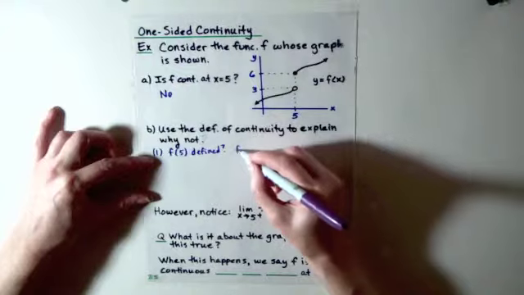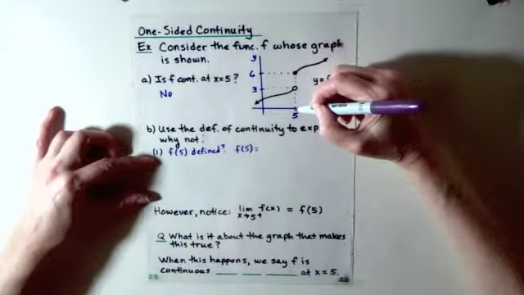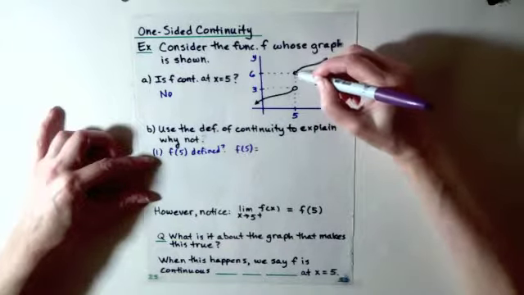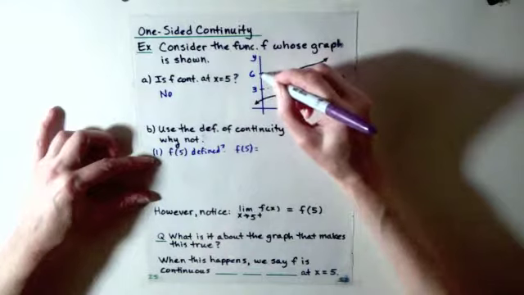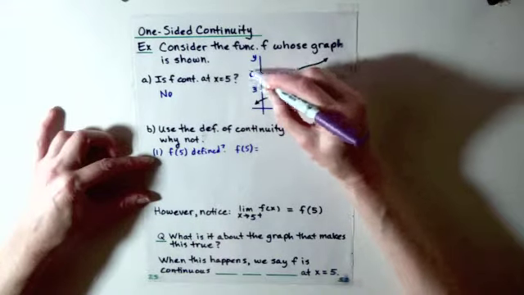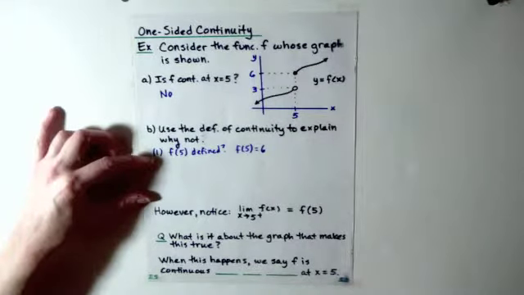If I plug 5 into this function, is there an output value assigned to it by the graph? Well, I go up to where the black dot is, that's where my graph is, and go over to the y-axis, and you notice I get an output value of 6. So yes, f of 5 is defined and it's equal to 6.